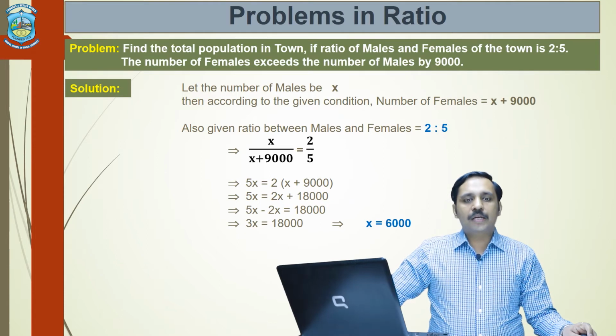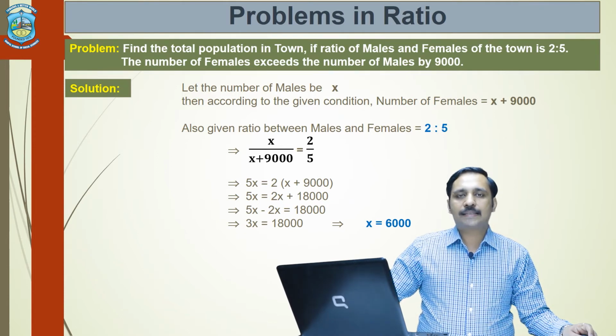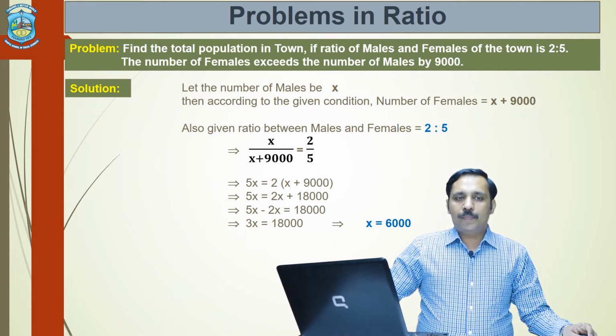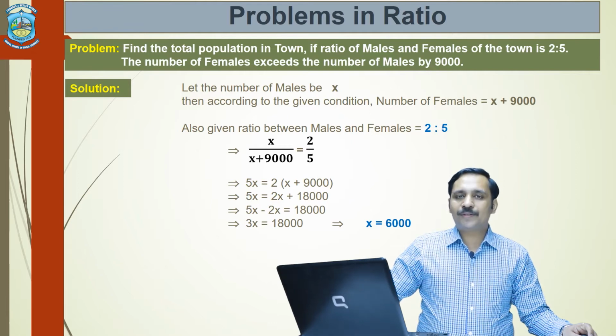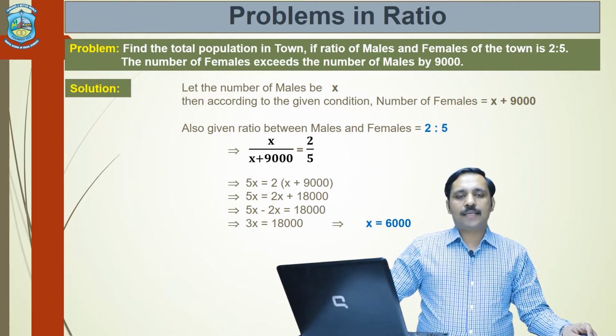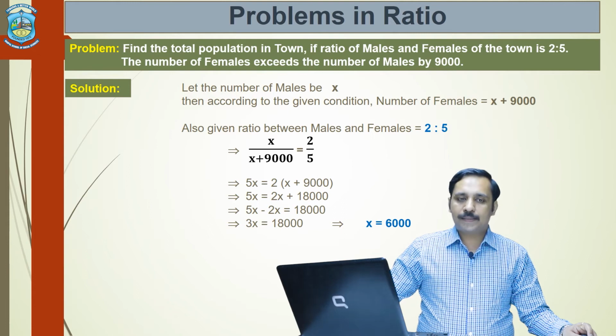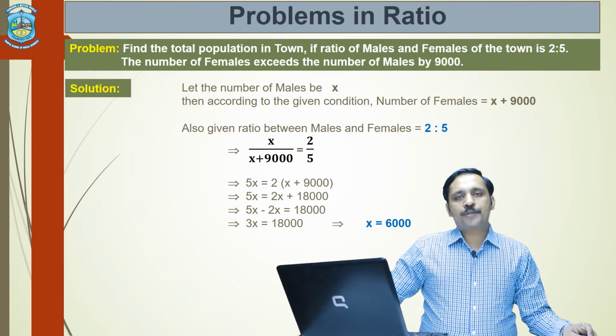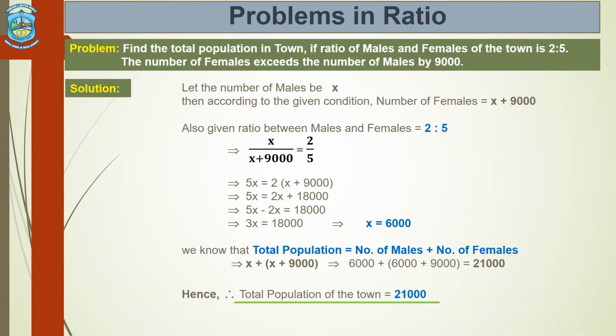On solving further, we have the value of x as 6,000. If you remember, we have substituted the number of males to be x. That means this 6,000 is the total number of males. Now the total population of the town is the total number of males plus the total number of females. That means 6,000 plus 15,000. The total answer is 21,000. Hence the population of the town is 21,000.